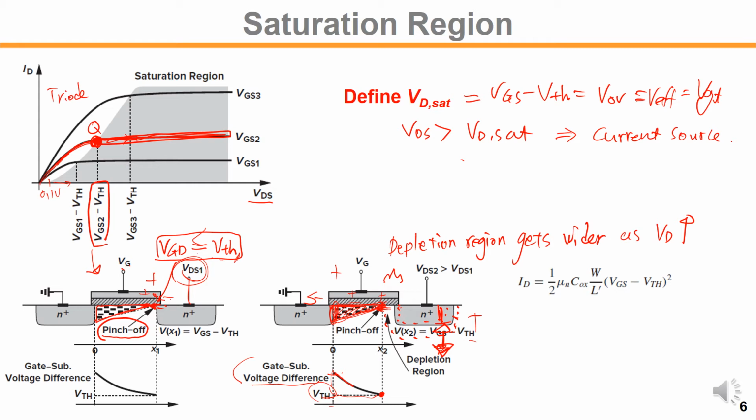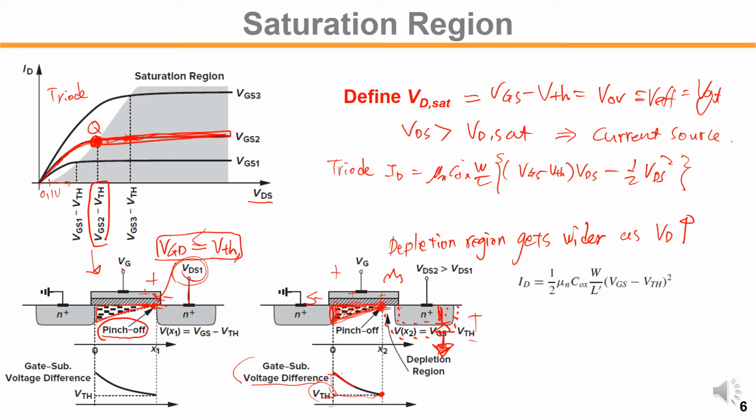And from the triode equation, if you remember the triode equation, ID equals mu n Cox W over L times (VGS minus VTH) VDS minus half VDS squared.